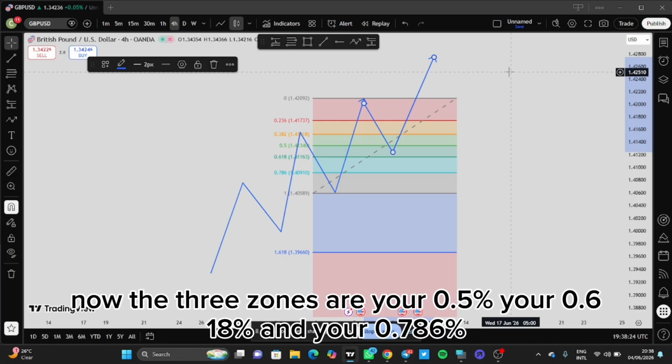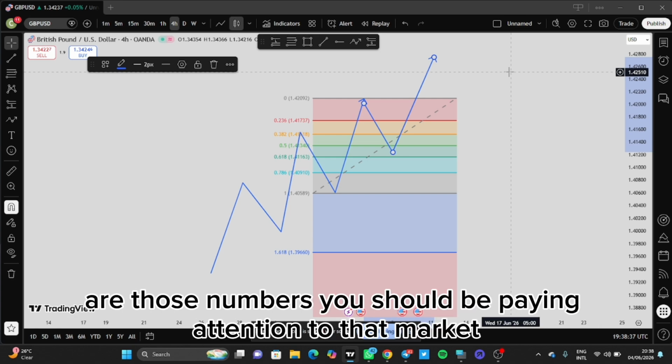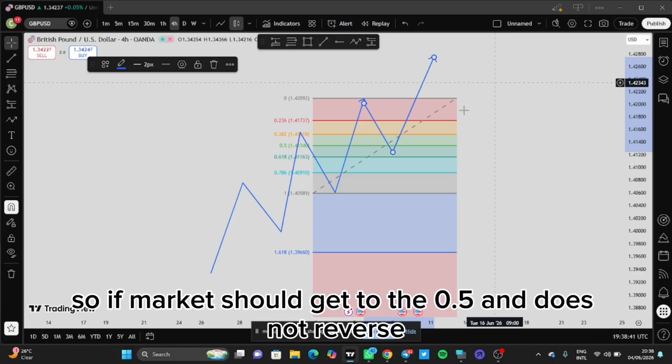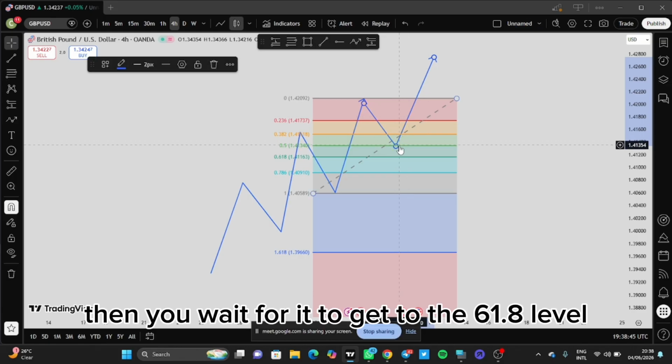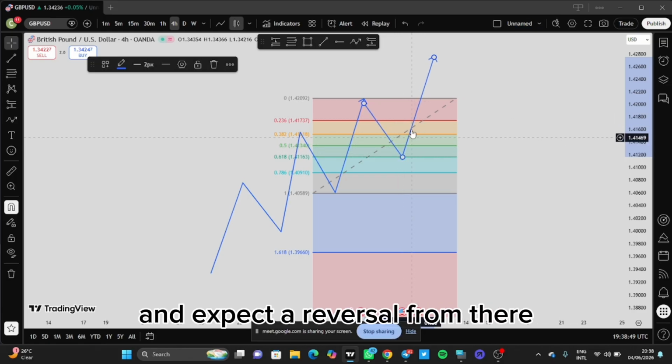Now, the 3 zones are your 0.5, your 0.618, and your 0.786. Now, these three golden areas or figures are those numbers you should be paying attention to that market will always reverse from. So if market should get to the 0.5 and does not reverse, then you wait for it to get to the 61.8 level and expect a reversal from there.